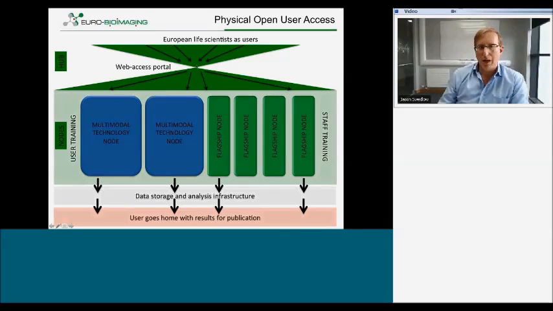There's a central web access portal which is being built now, which any scientist could connect to, identify the technologies that EuroBioImaging provides, identify the sites where those technologies exist, make contact, and either connect to or even go and visit those sites that are providing that imaging technology, perform all of the necessary data management and analysis for the imaging that they do, and then ultimately be able to publish that data.